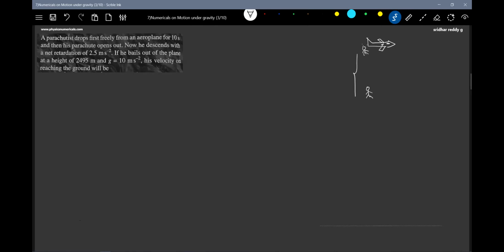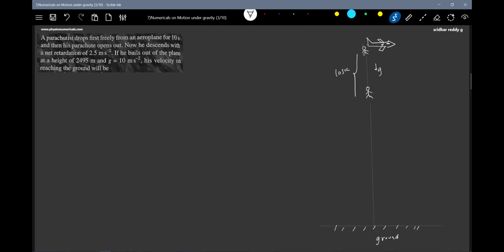For what time? For 10 seconds. This kind of imagination is very important. We write equations, but we must have a basic picture of the situation we are discussing. This is the ground. So in 10 seconds, he will fall freely.